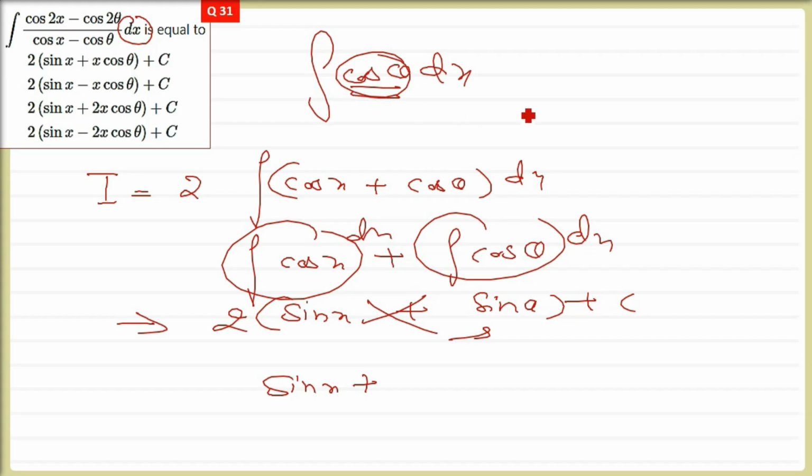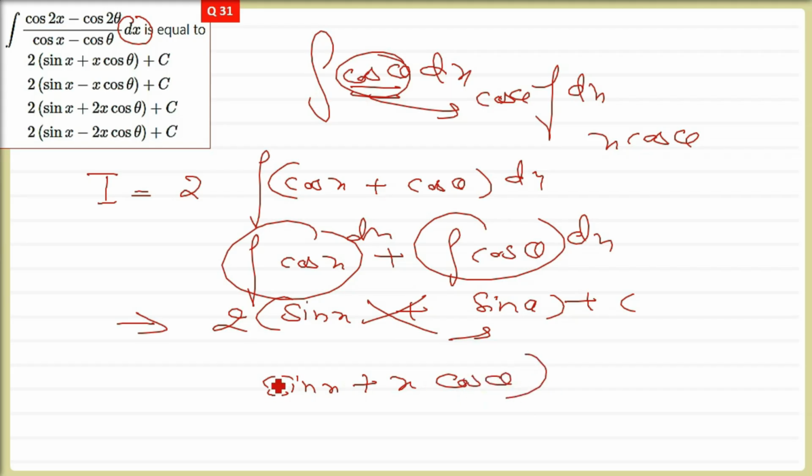You can just take it out. Integration of dx will be x only. So you are going to eventually get x cos theta. Now you can match it with the 4 answers. Which one of these is matching? Just see. 2 sin x plus x cos theta, which is the first one, I guess. The first one is your correct answer.